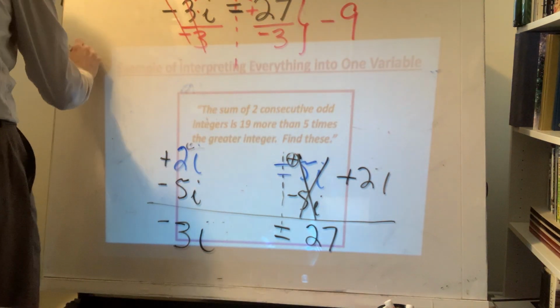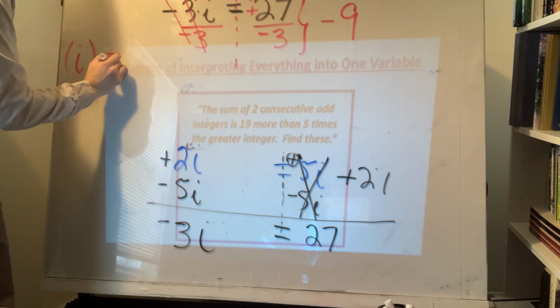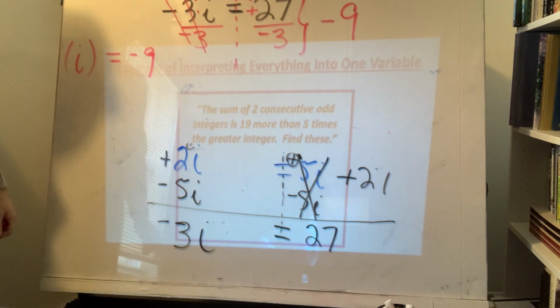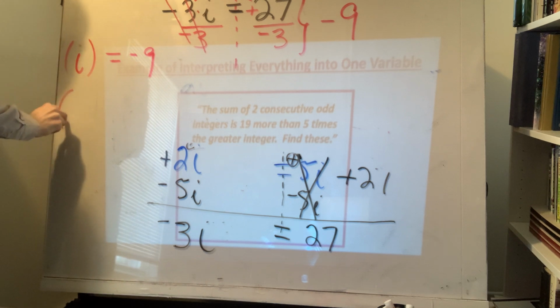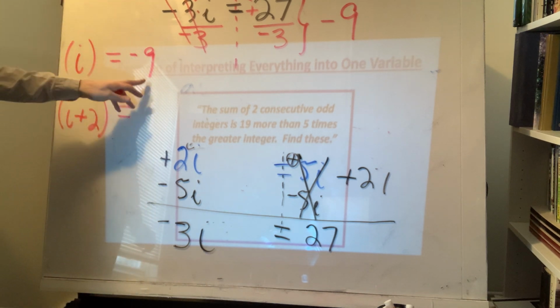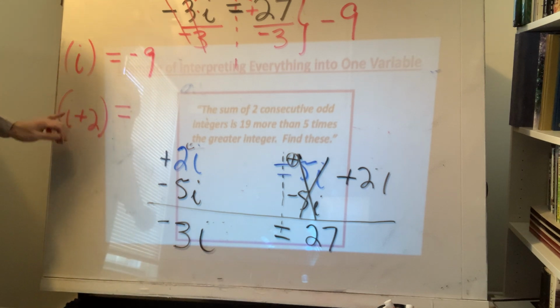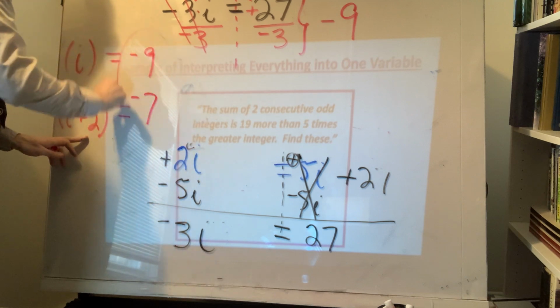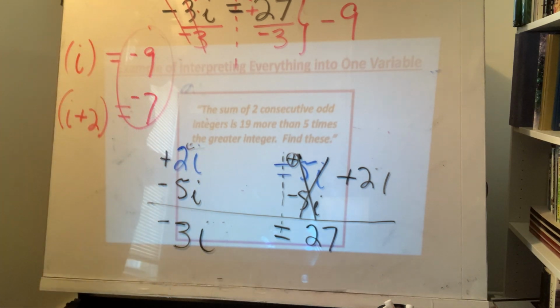So that means that I is equal to negative 9. If the second integer is I plus 2, what would have to be the thing that follows it? What's negative 9 plus 2? Negative 7. Those are your two integers. Okay?